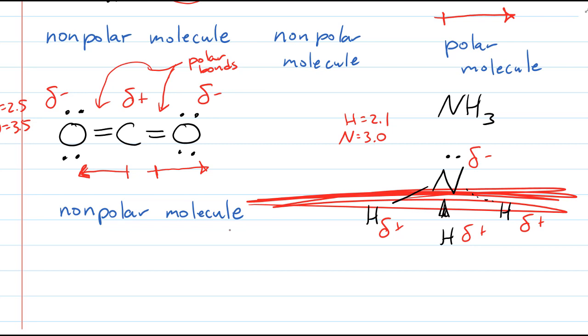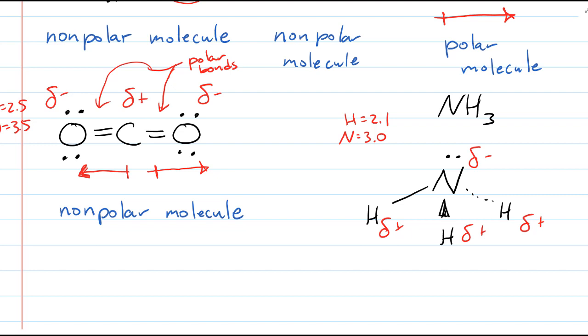So because they are on different planes, and you can take a plane and separate the partial positives on one side, partial negatives on the other, then the molecule itself is a polar molecule. So again, we say that this molecule is polar. The bonds in here are what type? Right, all bonds here are polar bonds.